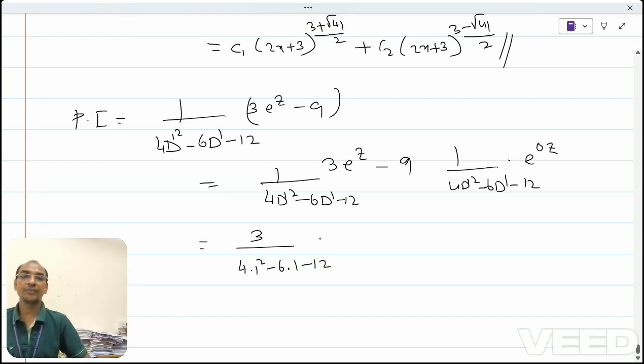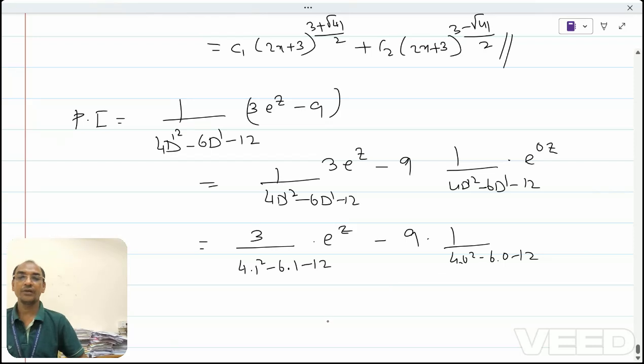minus 9 into 1 by (4 into 0 square minus 6 into 0 minus 12). Okay, and finally what you will get: 4 minus 6 minus 12 is minus 14.